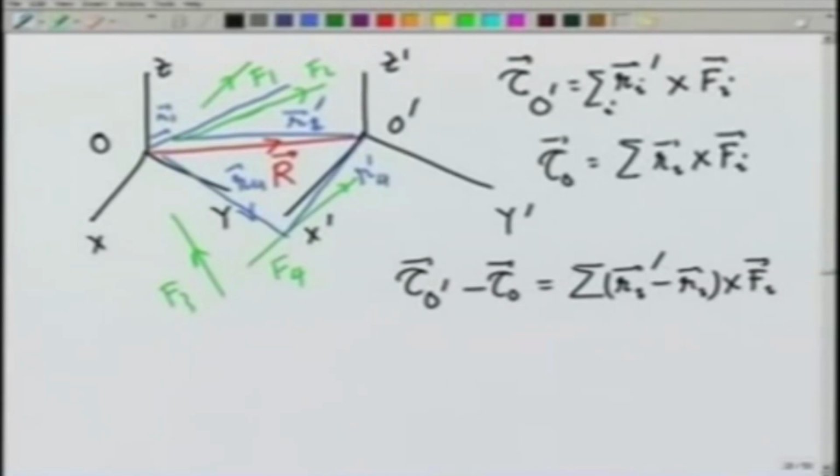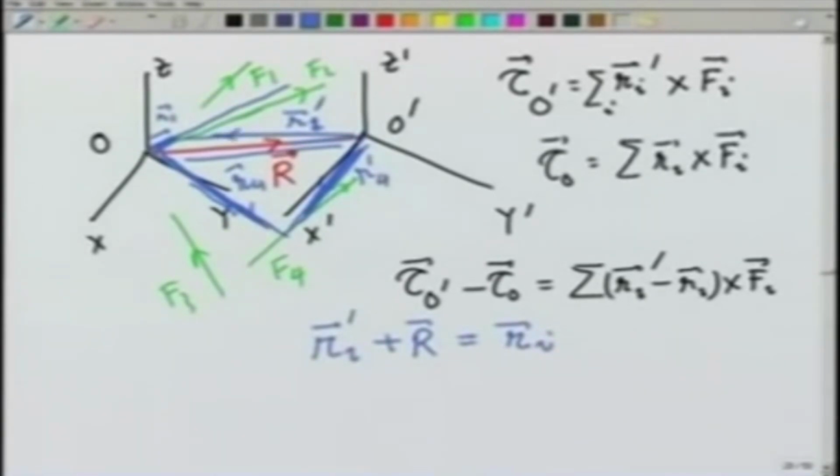And from the figure it is clear that this is R 4 prime, this is R and this is R. So, r_i prime plus R is equal to r_i, like R 4 is equal to R plus R 4 prime. Similarly, R 1 is equal to R plus R 1 prime.